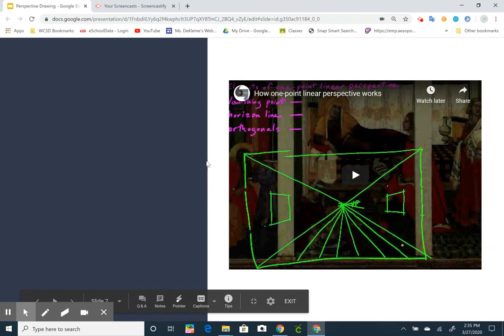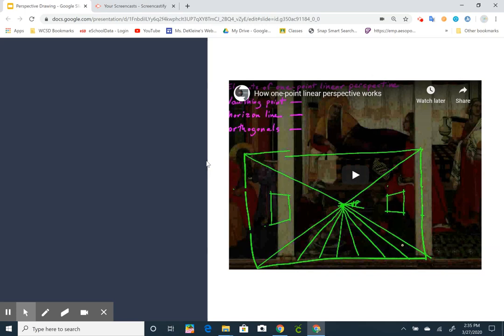Okay, so in the last video, they briefly discussed how Brunelleschi figured out how to use lines and a series of points to create perspective. He used a mirror in his drawing of the baptistry in Florence in order to figure out what parts of his drawing were incorrect, what parts were right.